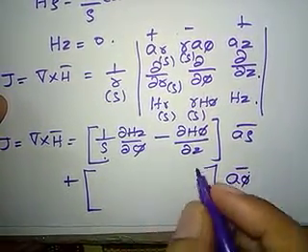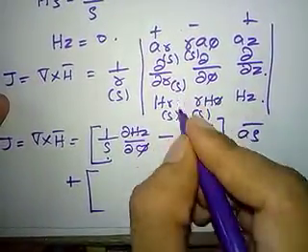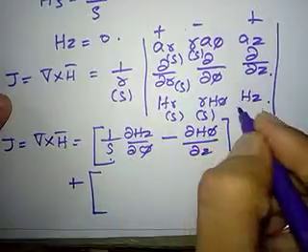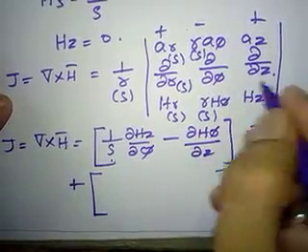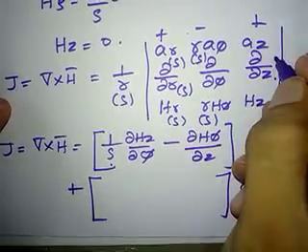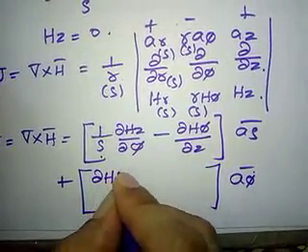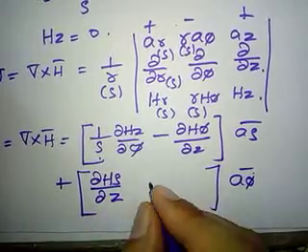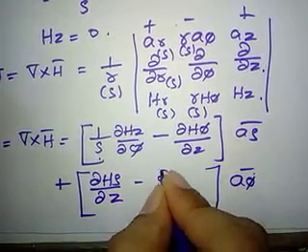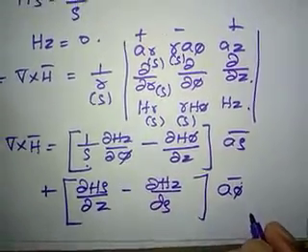So what is there inside? This row goes, this column goes, so dou Hz by dou R, that is the minus term, so this will be the second term. Then this row and this column, dou H R by dou Z will be the first term. So dou H rho by dou Z minus dou Hz by dou rho into a phi bar.